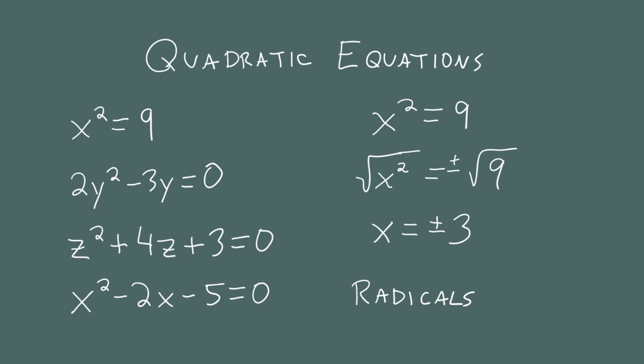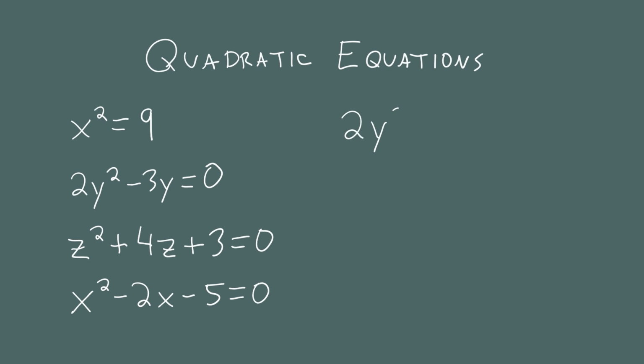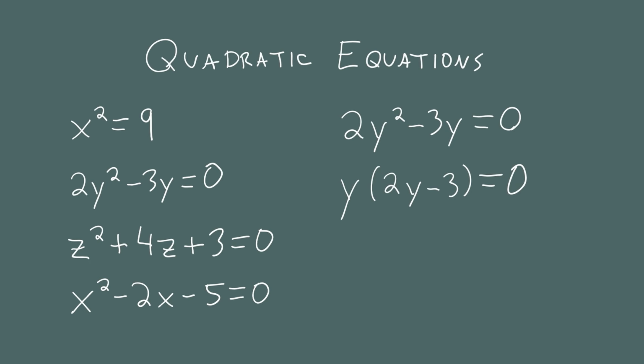Let's look at the second equation, 2y squared minus 3y equals 0. In this case, you're going to use a different approach. The radical approach won't quite work. In future lessons, you'll see why that doesn't work here. But it turns out you can factor the left-hand side. And the importance of factoring is, on the left-hand side, we have a product of two terms. y is the first term, and 2y minus 3 is the second term.